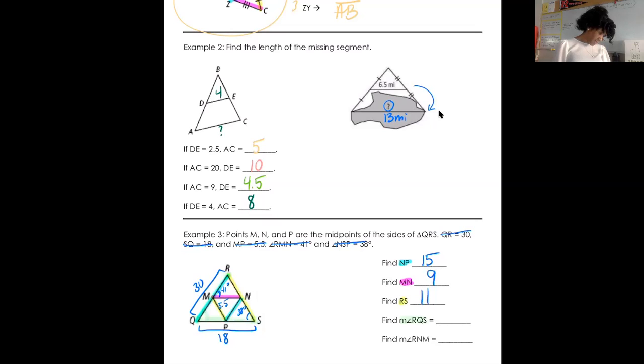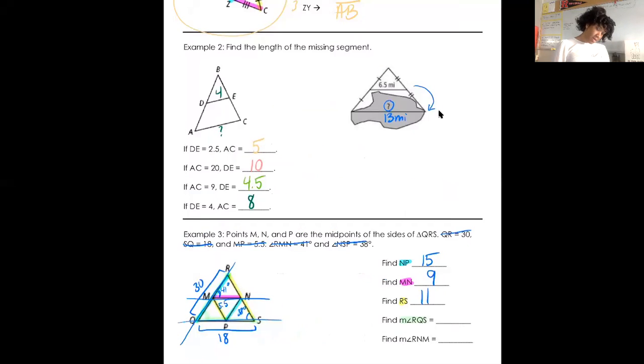That one is congruent to RMN because they're corresponding angles. They're both in the top right. If we were to make these into 2 parallel lines, that would be the transversal. They're both in the top right, so they're congruent. So therefore, this is also going to be 41 degrees.